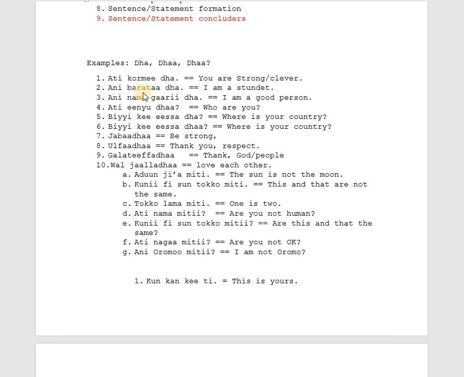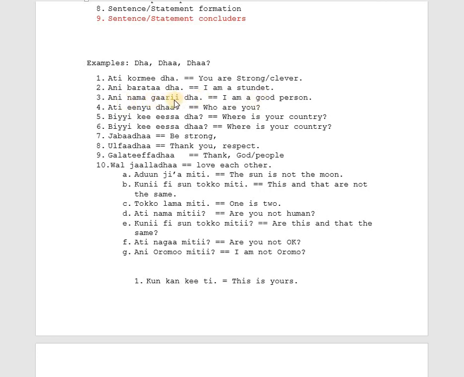Ani barattuudha, same. Ani barattuudha, I am a student. Ani nama gariidha, still the same. I am a good person.